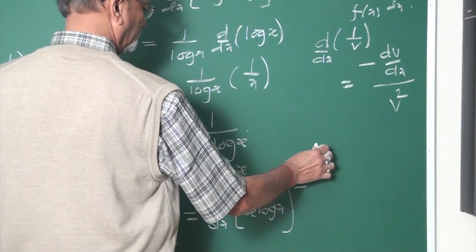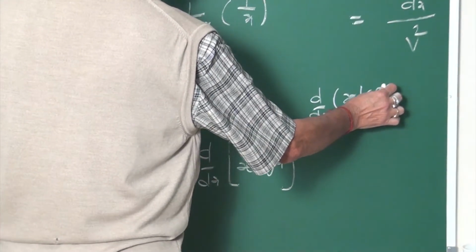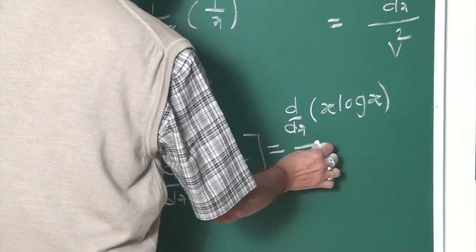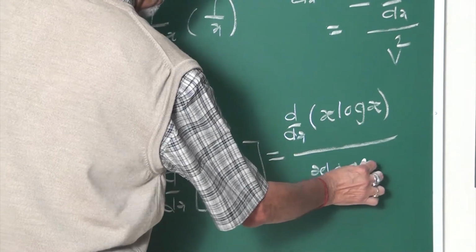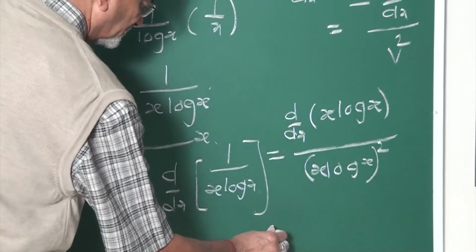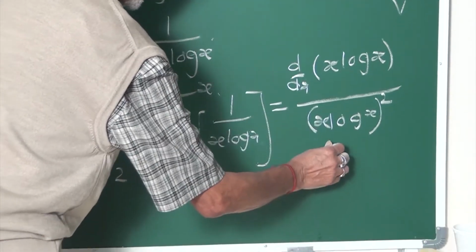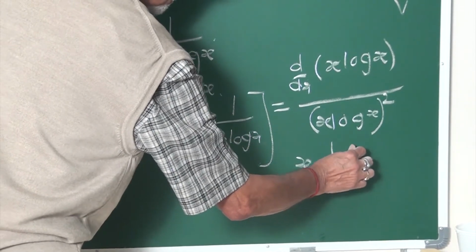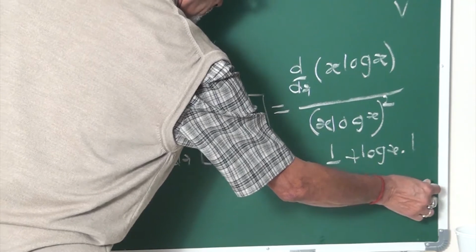This equals minus d by dx of x log x, with denominator x log x whole square. Write its derivative of x log x using the product formula: x into 1 by x plus log x into derivative of x, which is 1.